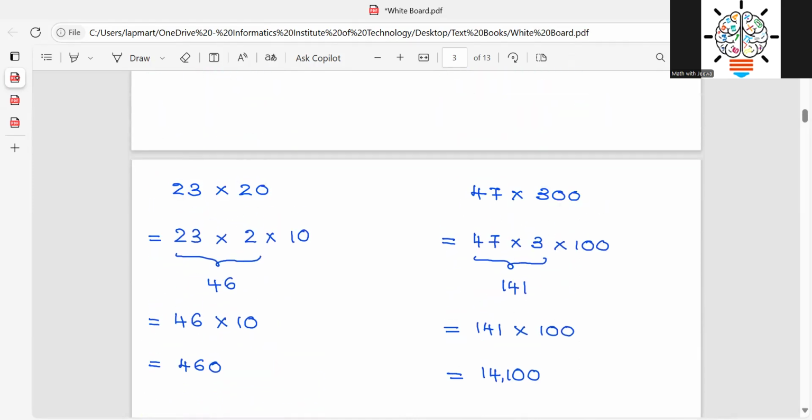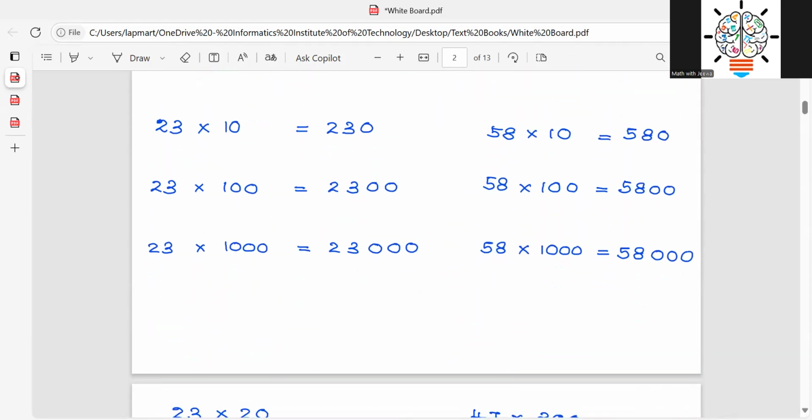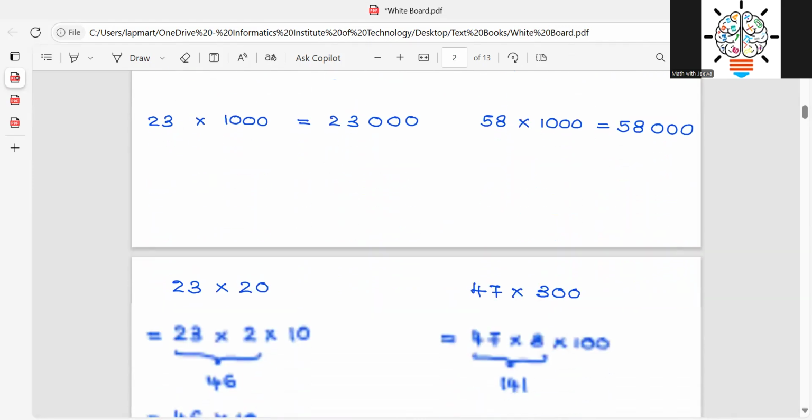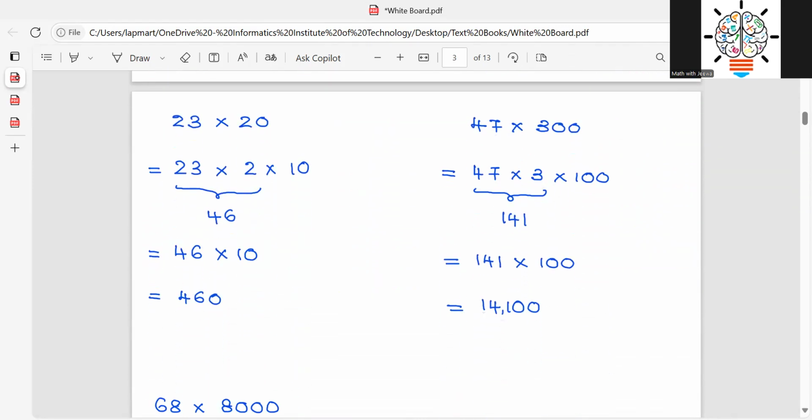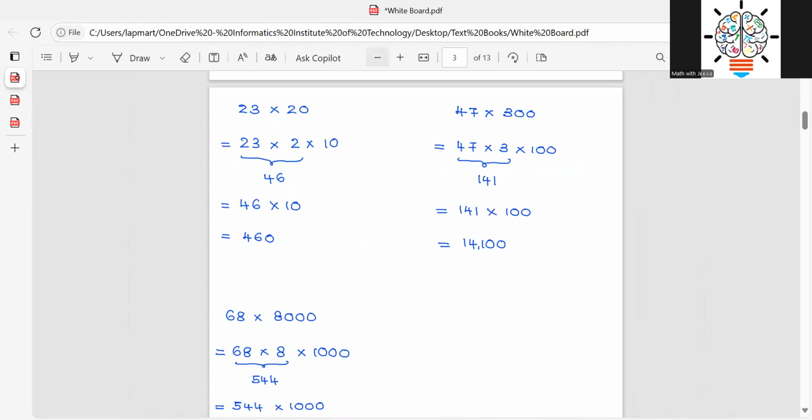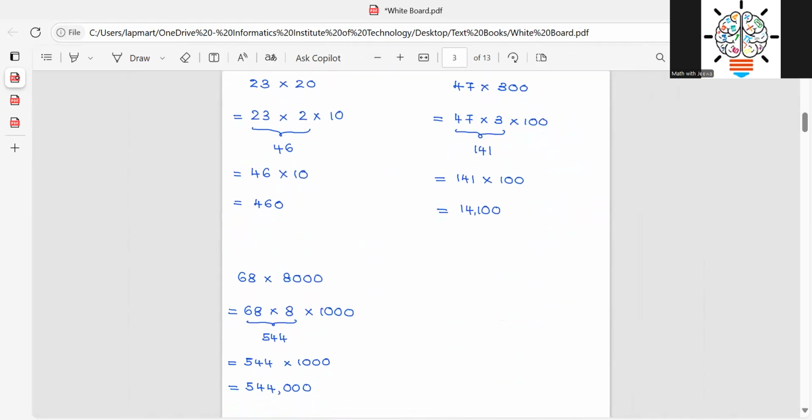So then this is all about that I will show you. When you multiply a whole number by 10, 100, 1000, this is what happens. If you have something like this, then how you are going to get it? So then you first expand the given number 20, 300, 8,000, whatever it is, you expand it.